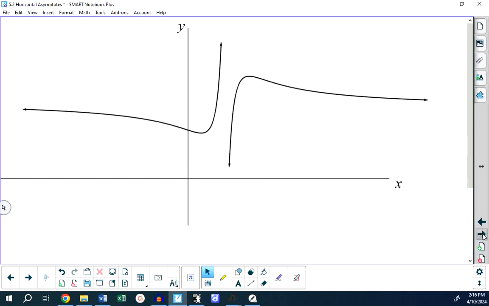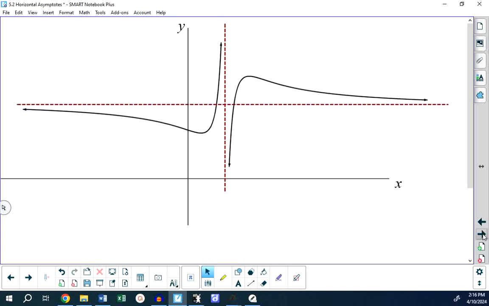So, to give you a visual of this, there's a function. I don't remember what I typed in to get this. Clearly, there's a vertical asymptote there, which means that at whatever value of x there is there, there's an x minus that number in the denominator of the function as a factor. But more importantly, there's a horizontal asymptote.